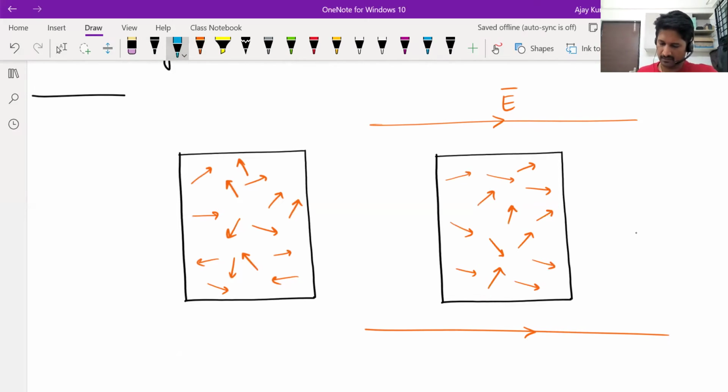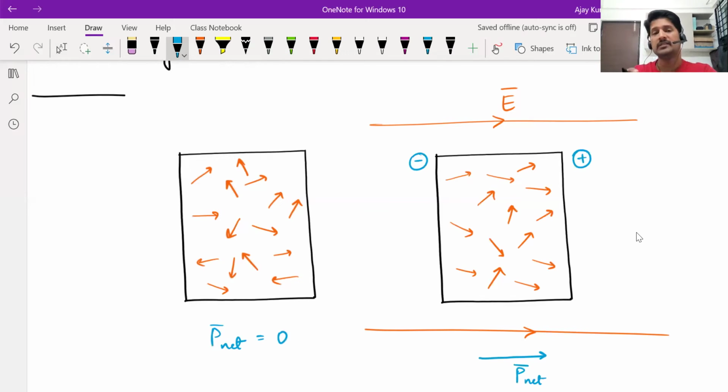Now in the original system, since the dipoles were randomly aligned, the net dipole moment of the system, dipole moment is a vector quantity, would be 0. But in the second one, where the electric field aligns the dipoles in a particular manner, the positive charges face this side, negative charges face this side. So effectively, there is a net dipole moment this way.